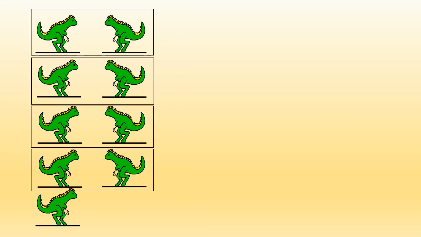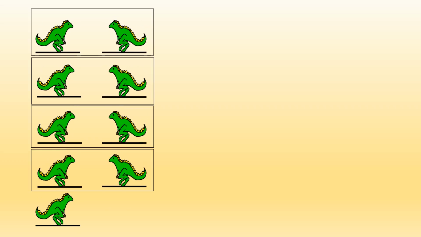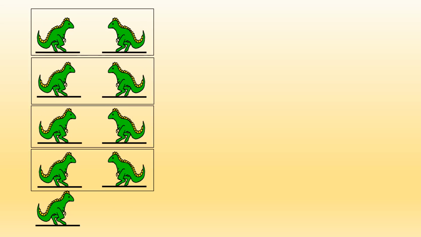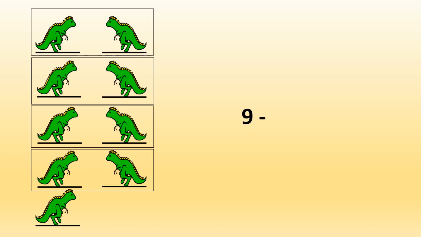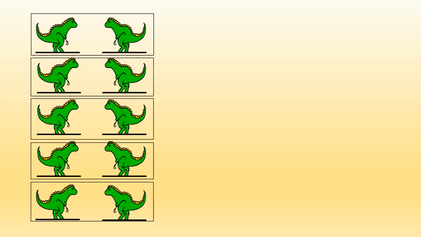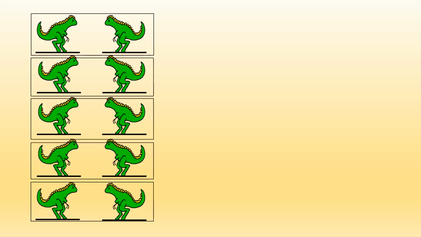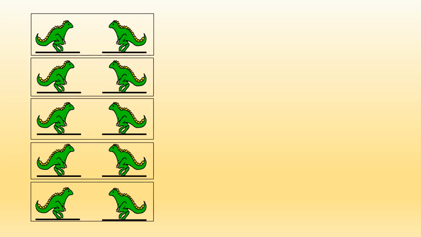Now we have 9 dinosaurs, but they cannot be put in groups of 2. We cannot pair them up because the 9th dinosaur is all alone. So we can say that 9 is an odd number. Finally, the 10th dinosaur is here and now we can put all the dinosaurs in groups of 2. We can pair them.